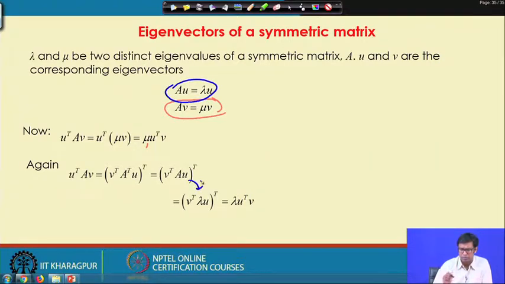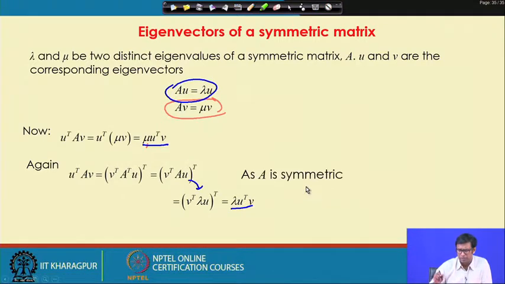Substituting, lambda is a real number, a scalar, so it comes out, and we get v transpose u whole transpose, which is u transpose v. So, u transpose A v is equal to mu u transpose v, and u transpose A v is equal to lambda u transpose v.